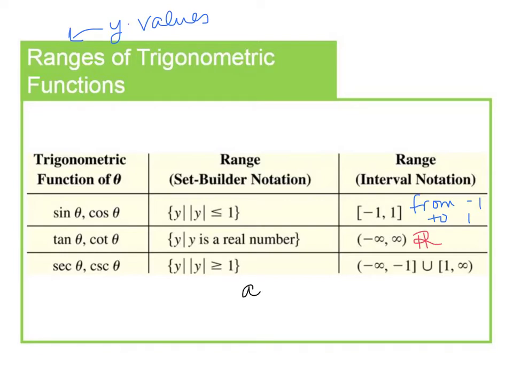So all numbers except from -1 to 1. But if you look at the notation here, it's got these brackets. Secant and cosecant can be -1 and 1. They just can't be the values in between.